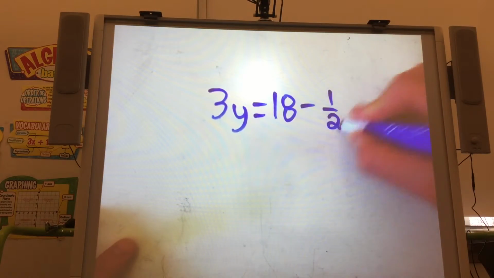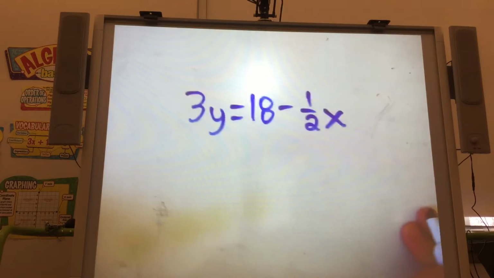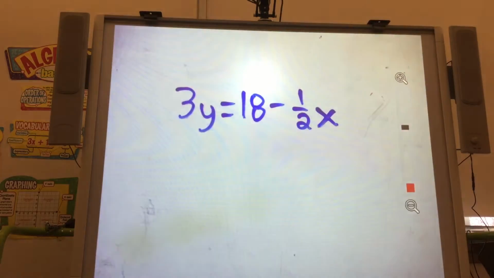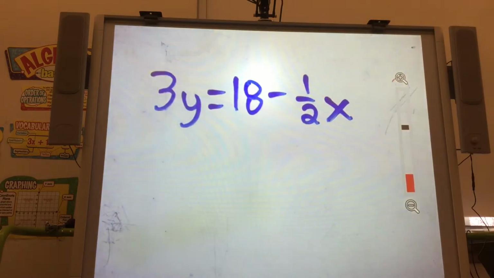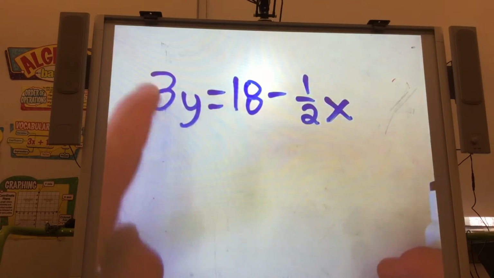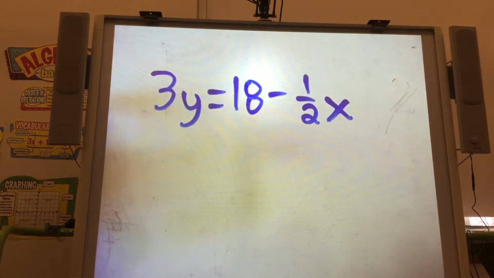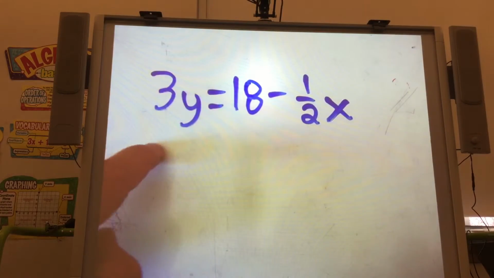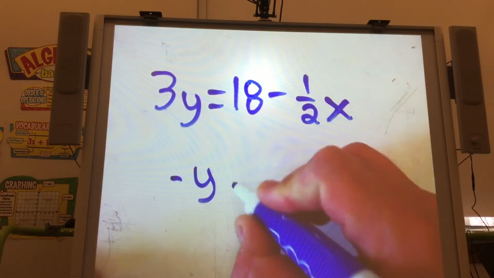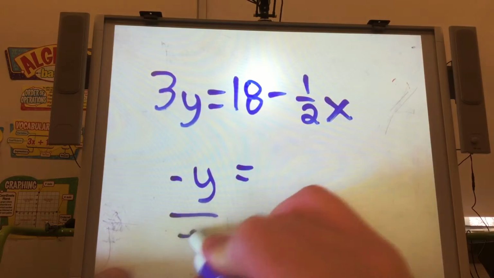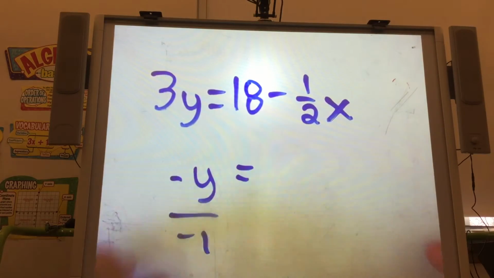Okay, we are not done. Though y, some students will say, well, y is by itself. It doesn't have any other numbers with it. But I say to you, no, again, this coefficient has to be positive 1. So if it was negative y, you'd actually divide by a negative 1. If you have negative y equals whatever, you need to divide by a negative 1 to make it positive.